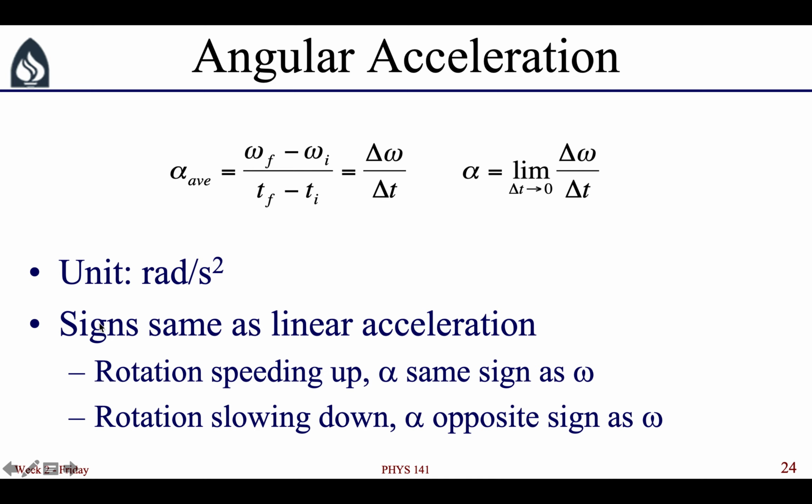And the signs for angular acceleration follow the same convention as those for linear acceleration. So if the rotation is speeding up, then alpha, the angular acceleration, is the same sign as the angular velocity. If the rotation is slowing down, then alpha has the opposite sign to the rotational velocity.